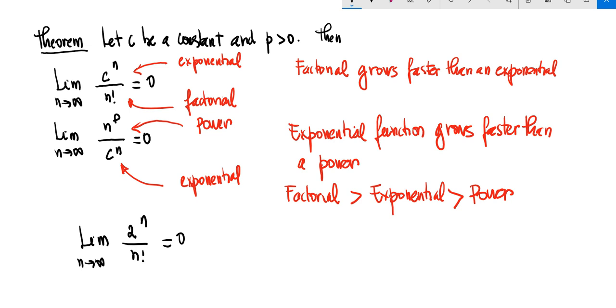And if you are considering the limit of, let's say, n power 100 over 2 power n as n is approaching infinity, the numerator is a power and the denominator is an exponential, and then of course you'll get 0.